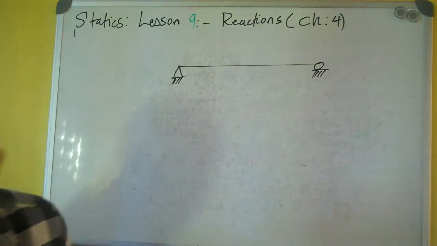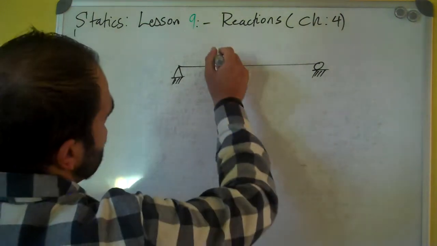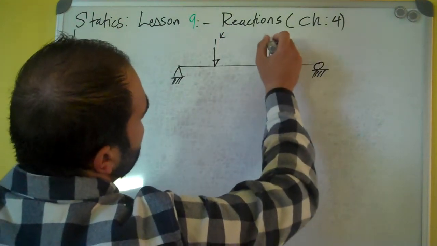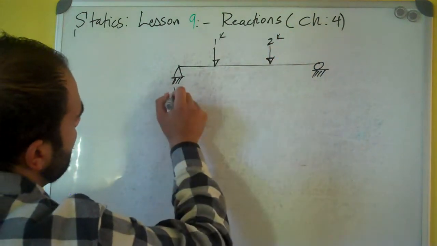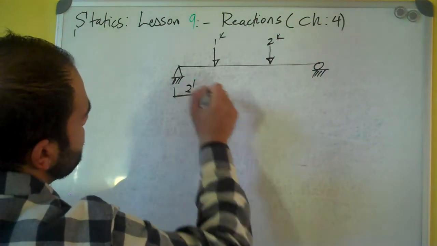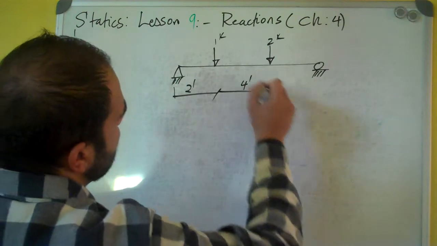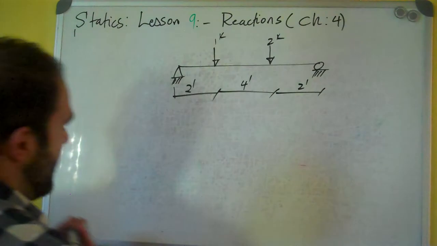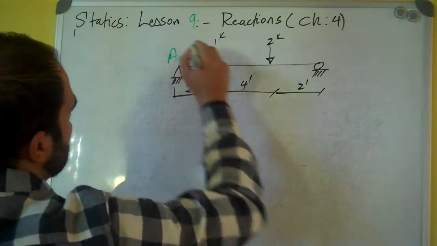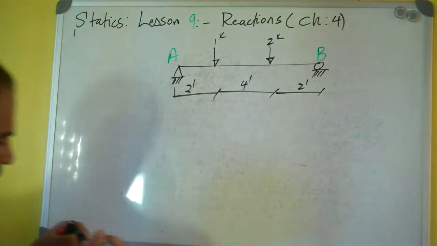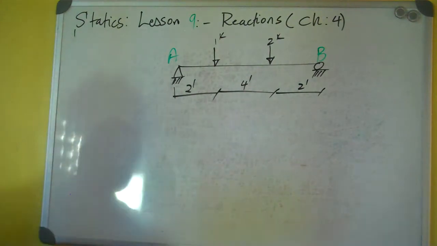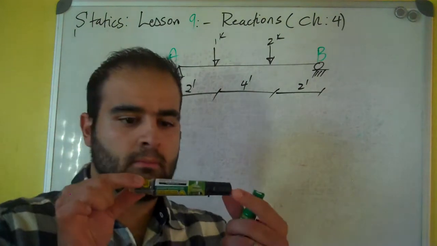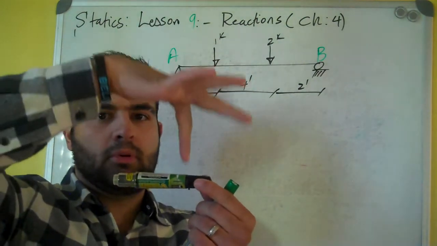Let's assume that we have 1 kip here, 2 kips here, 2 feet, 4 feet, 2 feet, and let's call these A and B supports.